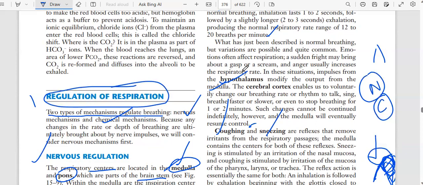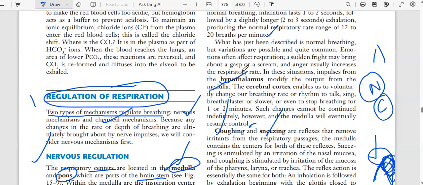These are the conditions where the respiratory rate needs to be increased, so the hypothalamus will modify that according to the condition. Because it has the emotional area, the hypothalamus will detect the emotion and modify the respiratory rate.